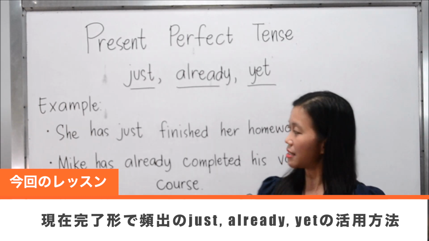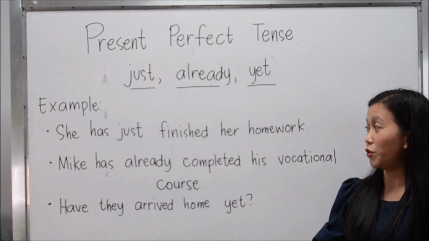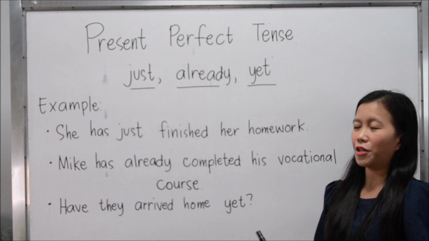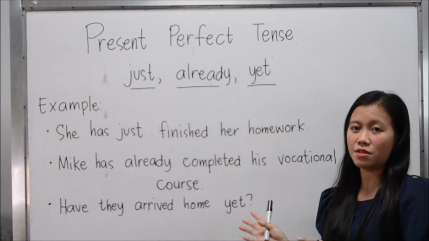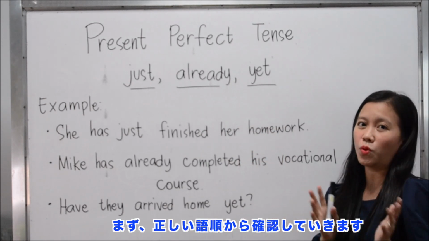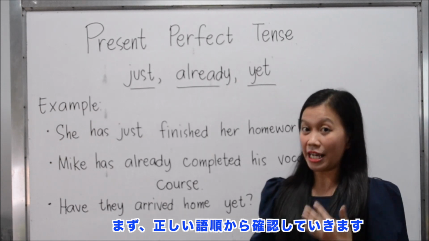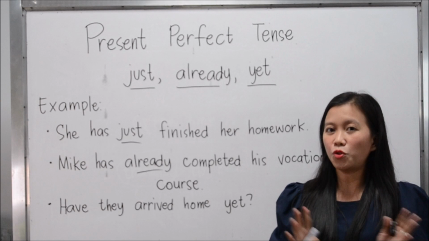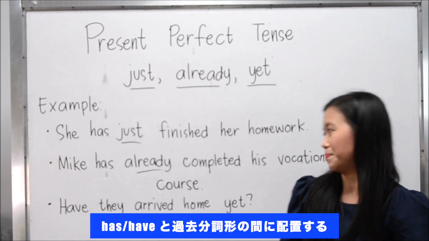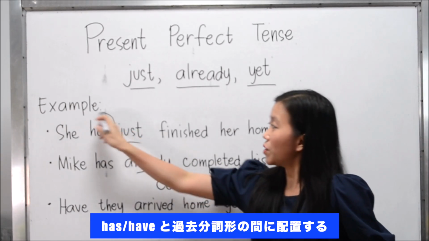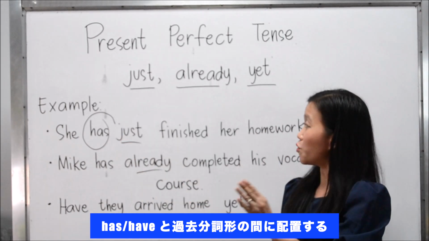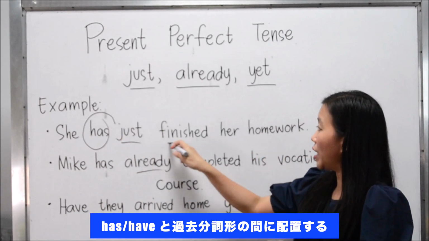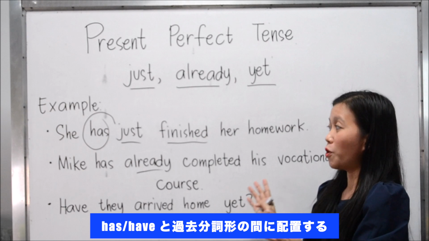As you can see, there are 3 example sentences on the board. Before we start on how to use these 3 words, we must know the word order. When we talk about just and already, bear in mind that they come between the auxiliary verb, either has or have, and the past participle form of the verb.